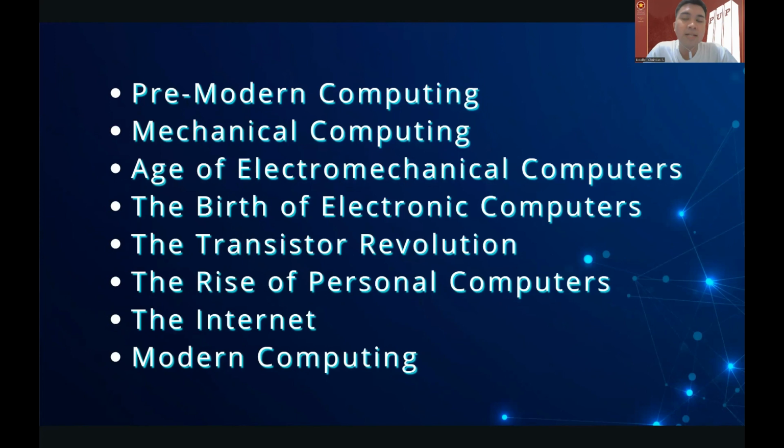So yan, sinasabi ko: pre-modern computing, mechanical computing, age of electromechanical computers, the birth of electronic computers, the transistor revolution, the rise of personal computers, the internet, and modern computing.